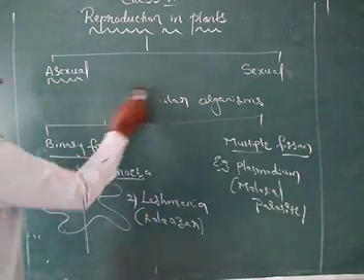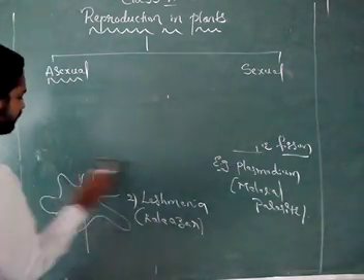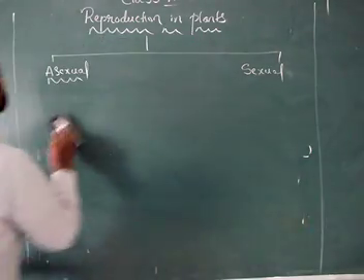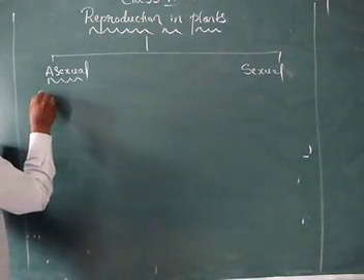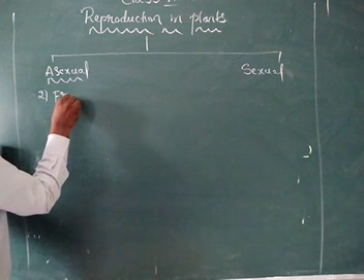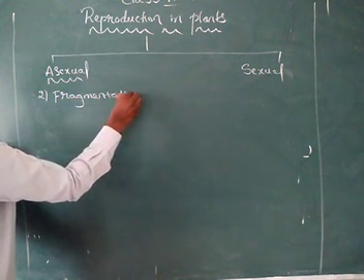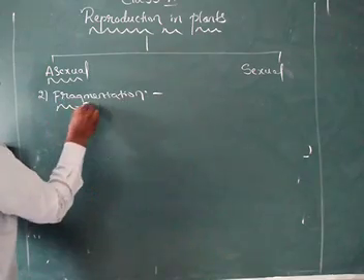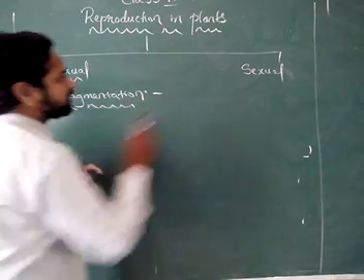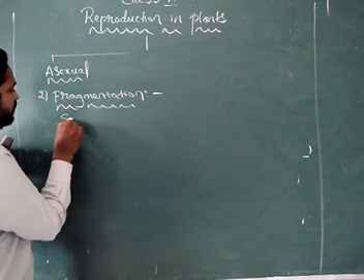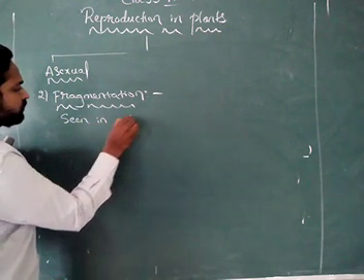Next, after fission, the next one is fragmentation. Now, this fragmentation is seen in the Spirogyra.